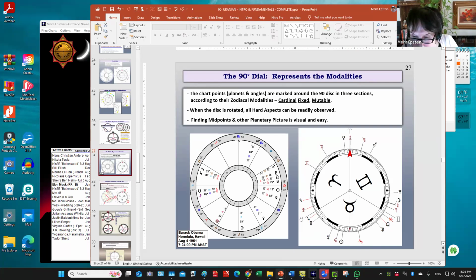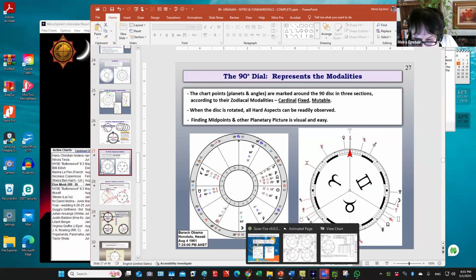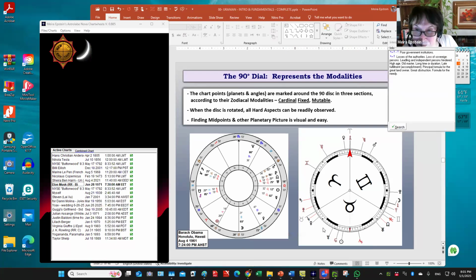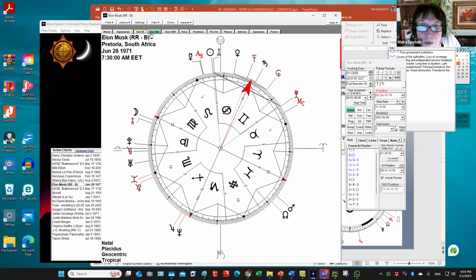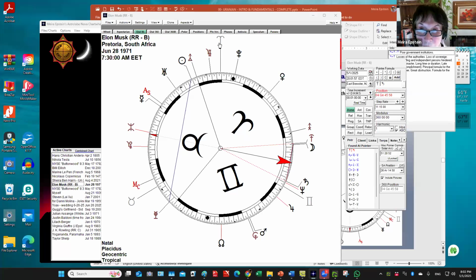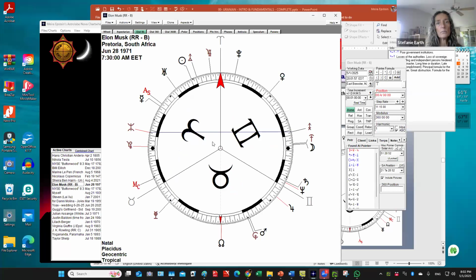Let me do Musk because it's bigger and nicer. I'm changing Musk to the 90-degree dial, and here is Musk. Okay, so I'll explain something. There's no numbers, no degrees, no zodiac.